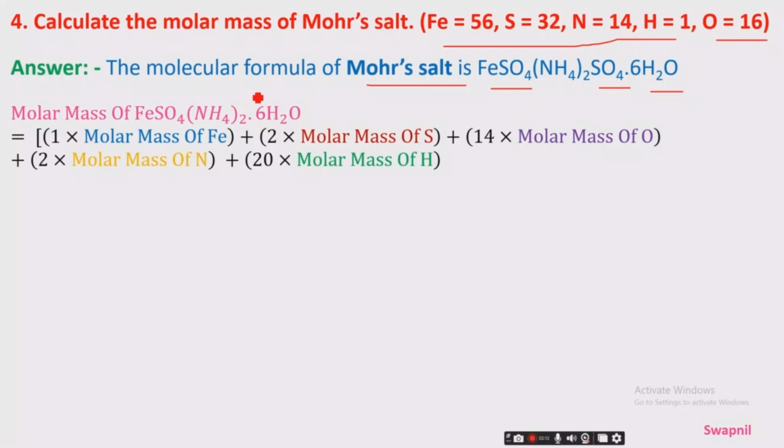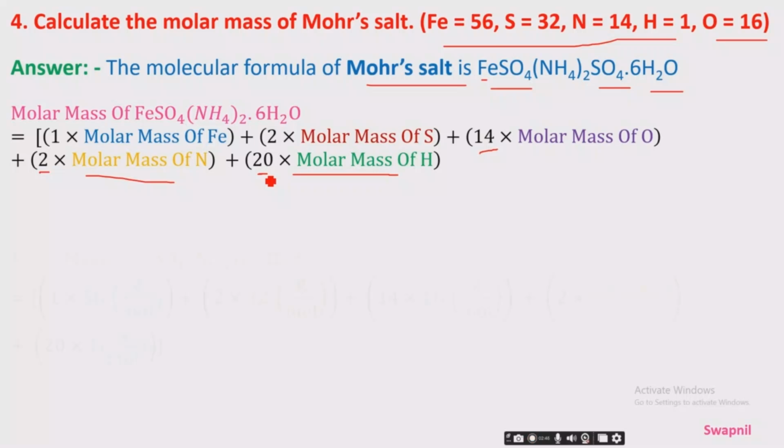So the molar mass of Mohr's salt is equal to 1 into molar mass of iron plus 2 into molar mass of sulfur plus 14 into molar mass of oxygen plus 2 into molar mass of nitrogen plus 20 into molar mass of H atom, because in this formula there is 1 iron atom, 2 sulfur atoms, 14 oxygen atoms, 2 nitrogen atoms, and 20 hydrogen atoms.